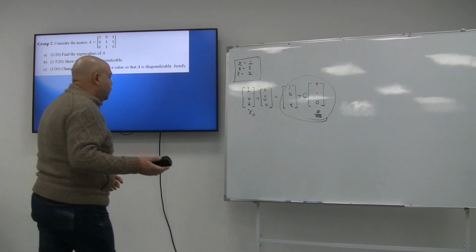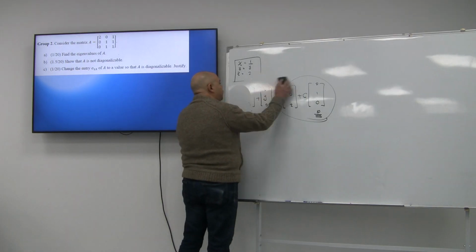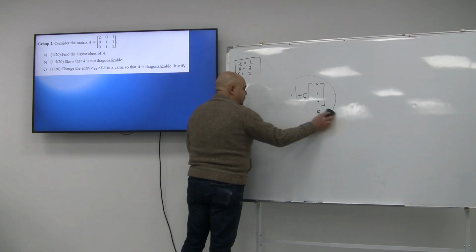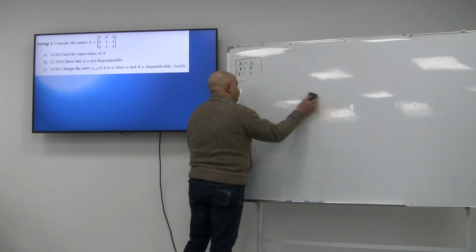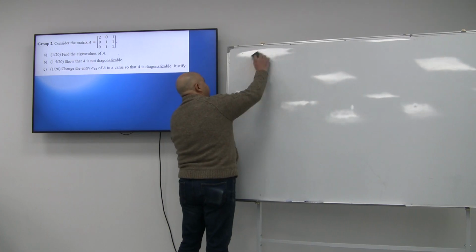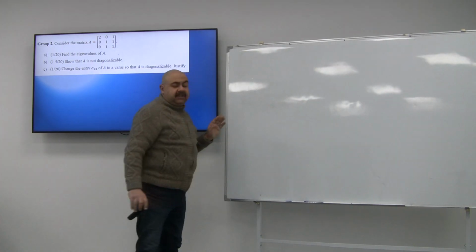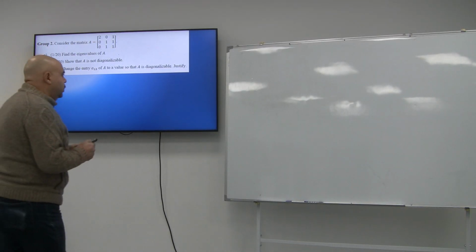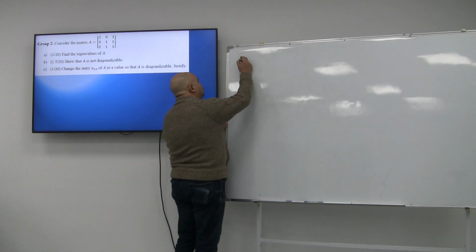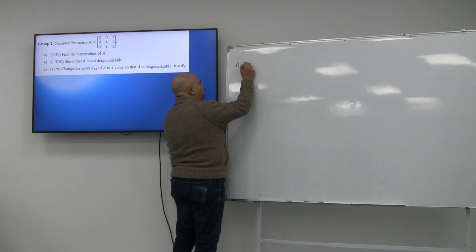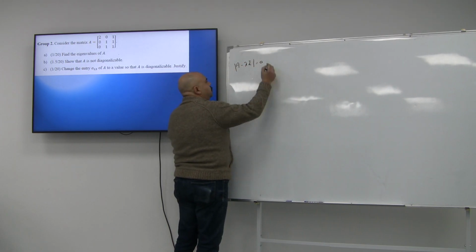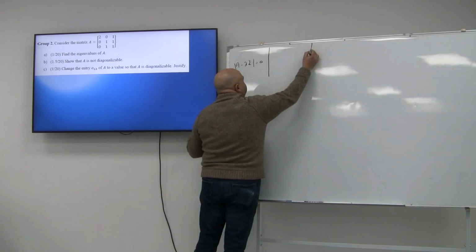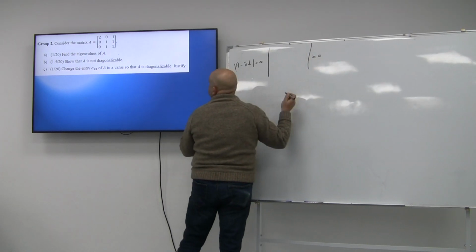If you remember, in order to find the eigenvalues of a certain matrix, all I have to do is recall the characteristic equation, which is very, very simple: the determinant of A minus lambda I equals 0. All I have to do is set this determinant equal to 0.